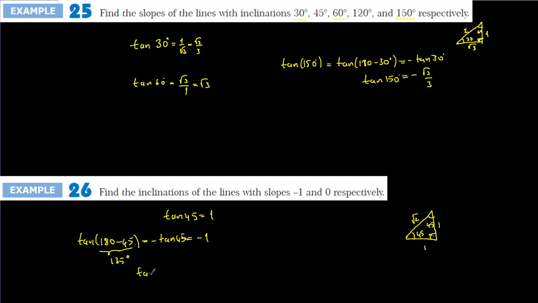So tangent 135 is equal to minus 1, and the angle alpha is 135. This is the inclination of the line. With zero slope, if tangent alpha is 0, then alpha is 0. If it is undefined, the angle is 90 degrees. We need to remember that also.